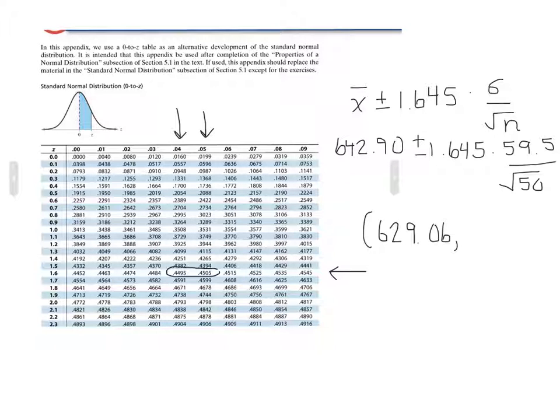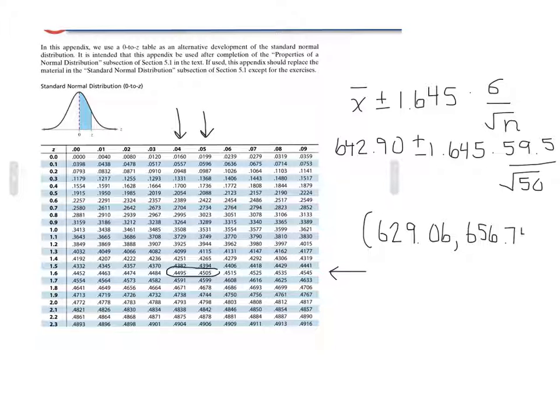Our upper limit is found doing the very same thing, except using the plus in front of the margin of error, in front of the 1.645 times 59.5 over root 50. And we get our upper limit of 656.74.